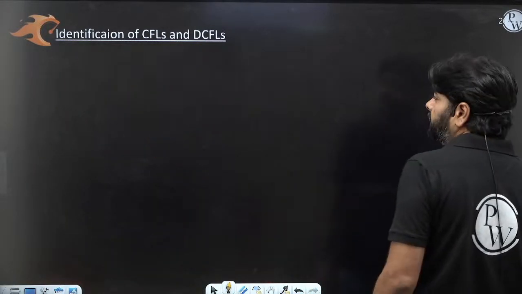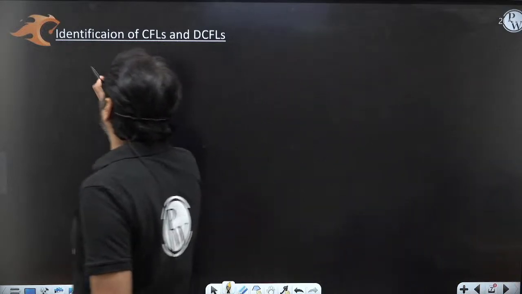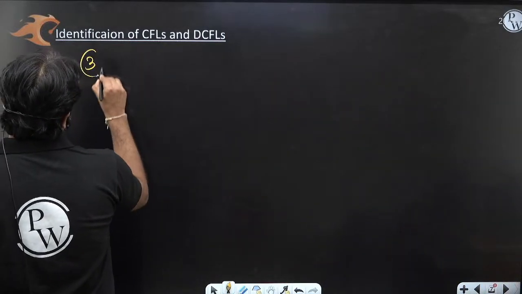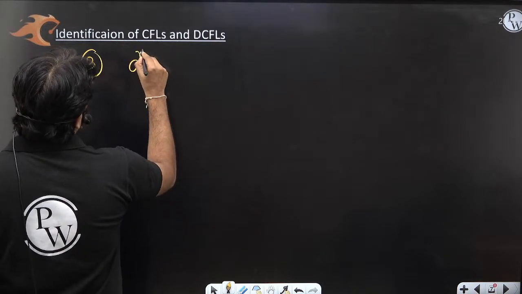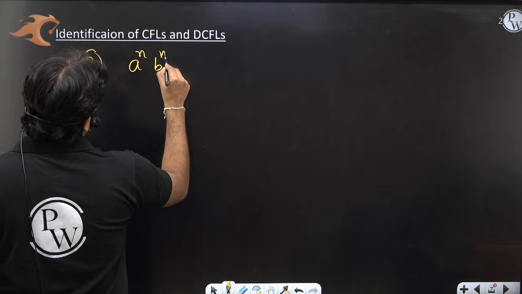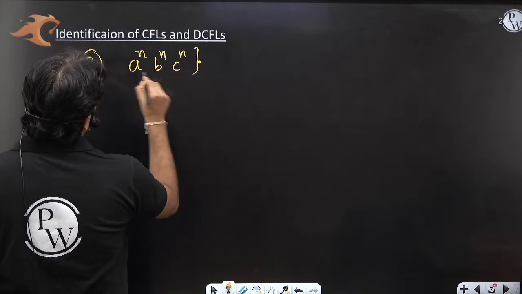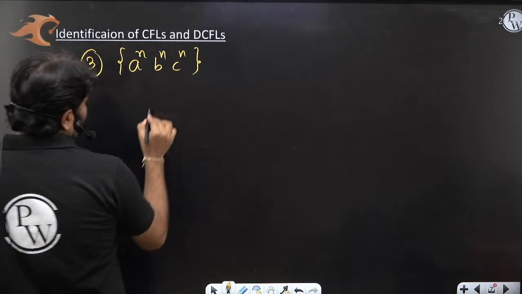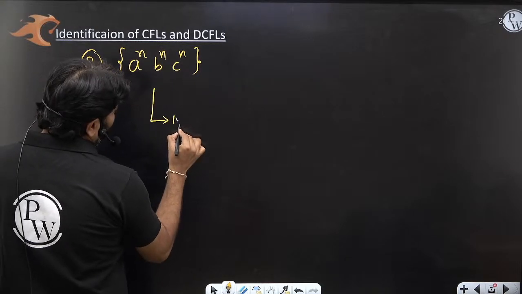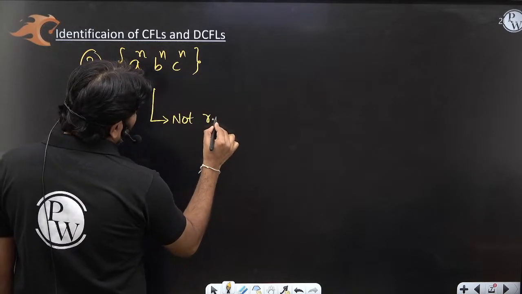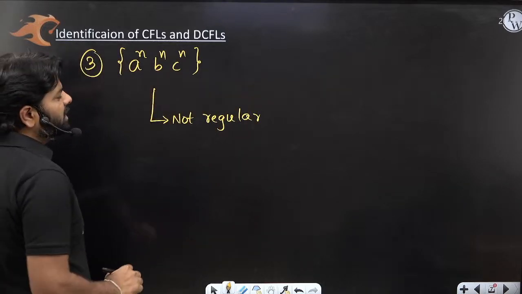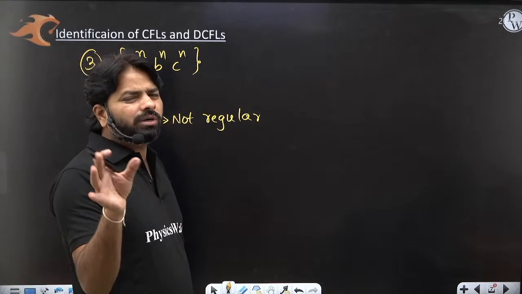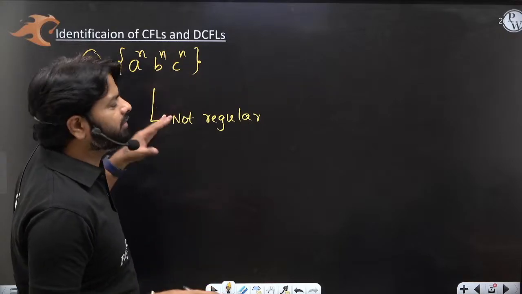Let's move to the third example: a^n b^n c^n. A very famous example. We know it is not regular, because there is a dependency between the symbols and n is not given, so it starts from 0 by default.